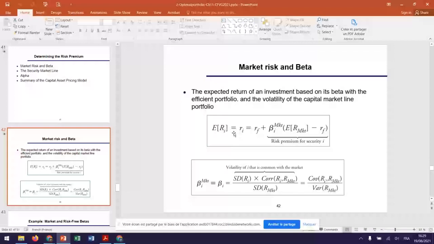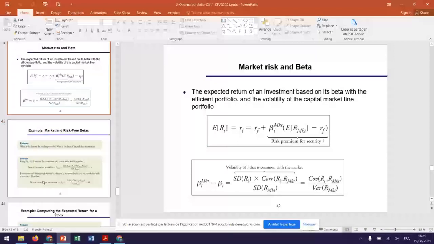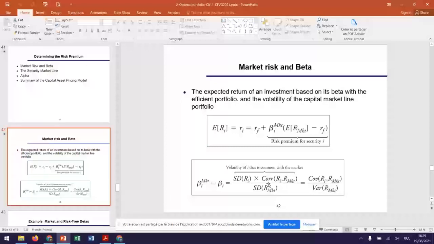The beta represents the sensitivity of the return of stock I relative to the market.